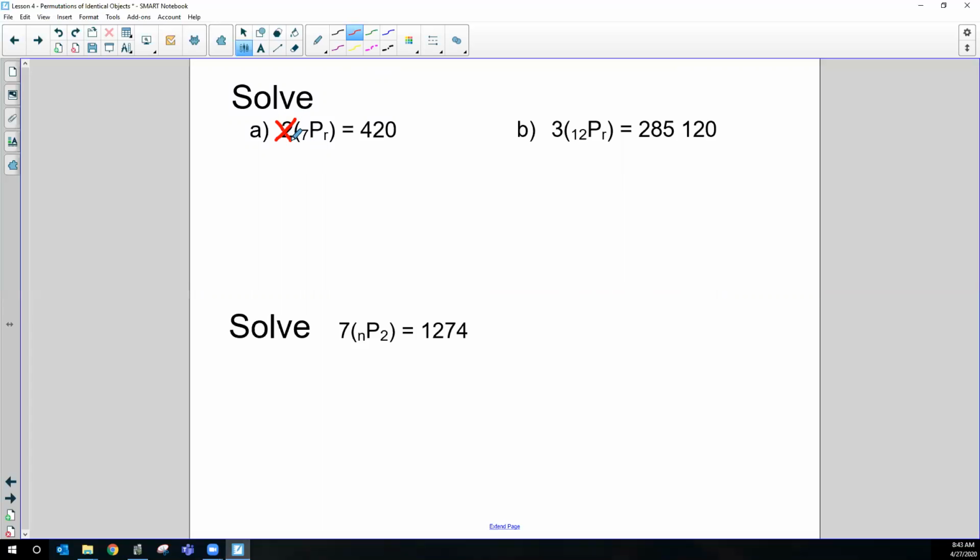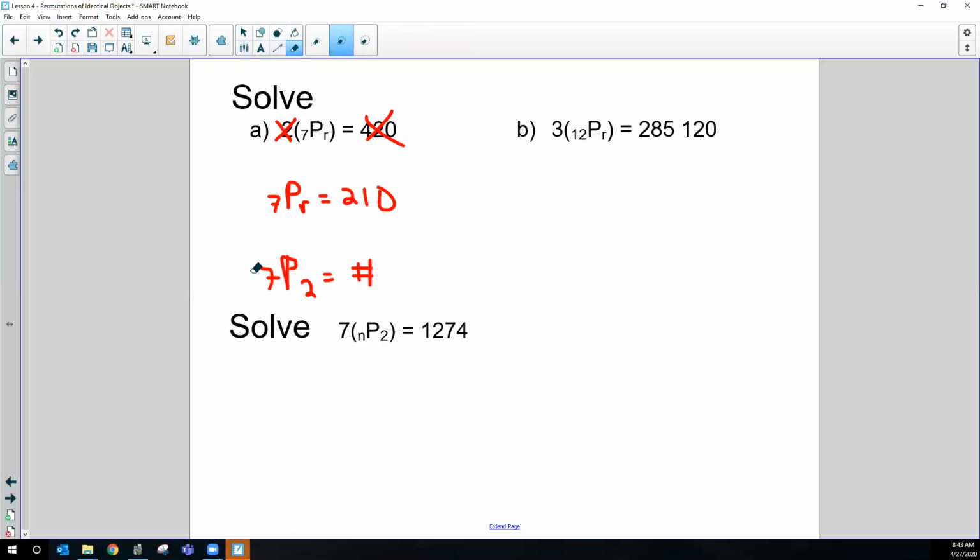Let me just redo this question so that it starts off just like this. 7PR is equal to 210. So before we would be like, okay, there's 7 objects and you're picking 2 of them. 7, pick 2, you plug it into your calculator and you get an answer.